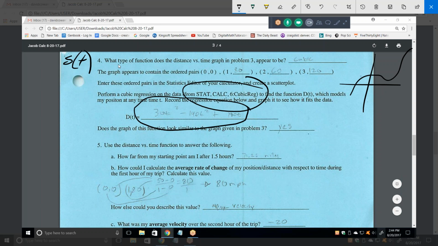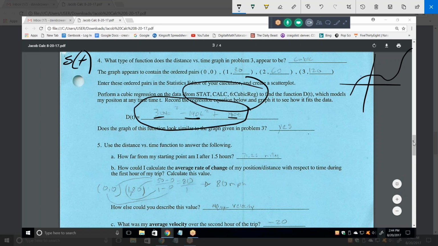Actually, what it spits out are the coefficients, 30, minus 140, 6, and plus 190, and it leaves it to you to put the variable in there. Oh, really? And maybe a constant. There could be a constant there also. But it's a cubic. Okay. Does this graph look similar? Yes. Okay.